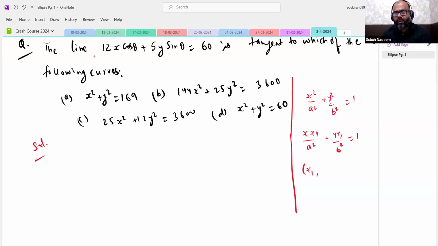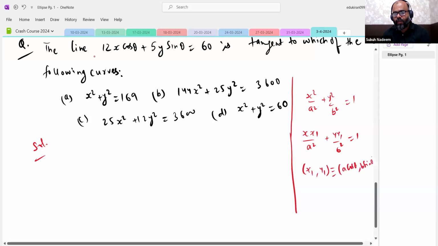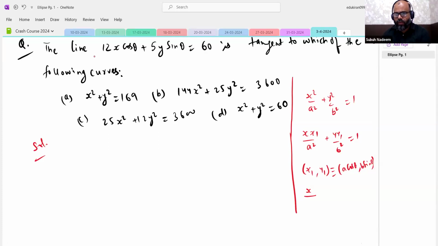Now this x1, y1 is given in parametric form like a cos theta, comma b sin theta. Then the equation becomes, x1 is a cos theta, so a will cancel, so x by a cos theta, and y1 is b sin theta, so b will cancel, y by b sin theta is equal to 1. So this is the equation.